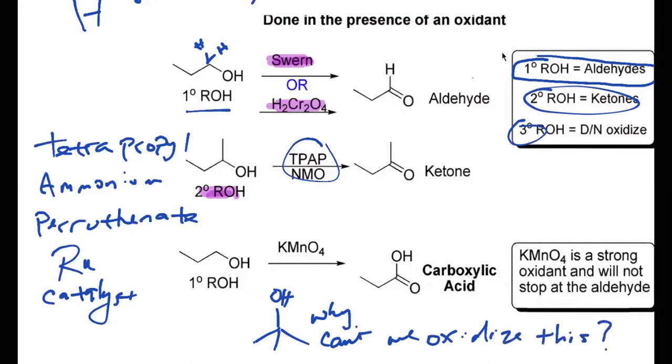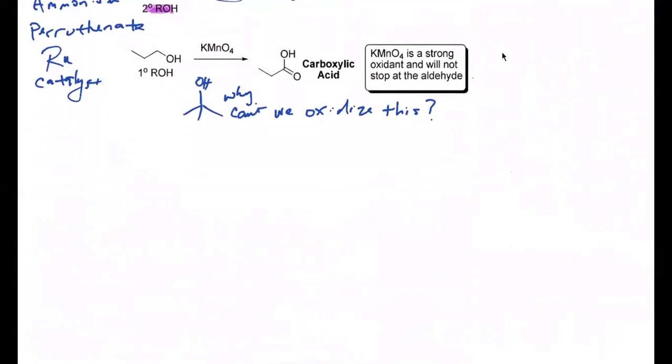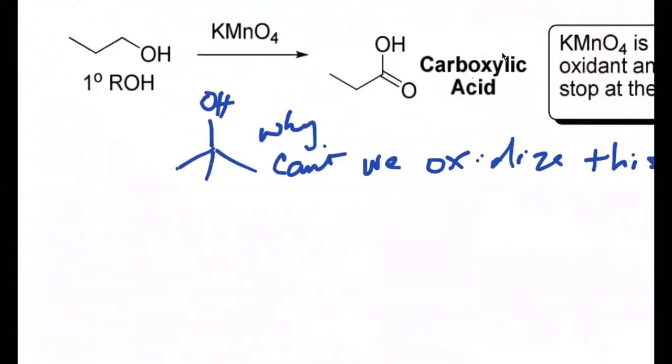Why can't we oxidize the tertiary? Is it because it's hard to attack the carbon? Think about it, it does have something to do with the carbon. If you look at the carbon, let's go back up to here. What do I need to lose off that carbon? I need hydrogen. And if you look at the tertiary alcohol, does it have any hydrogens on the carbon?